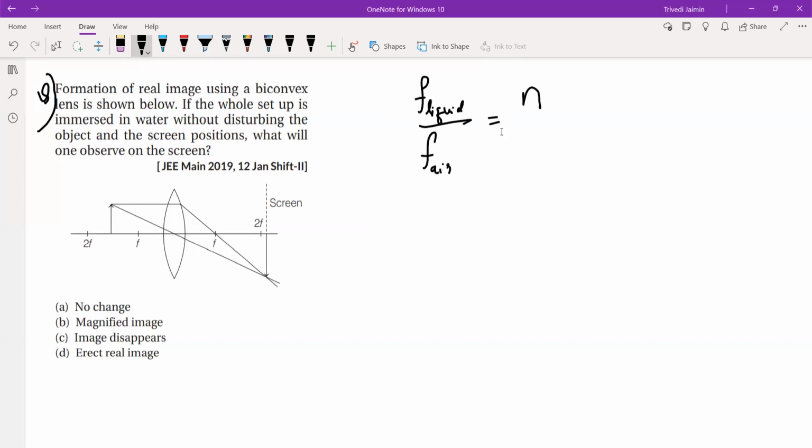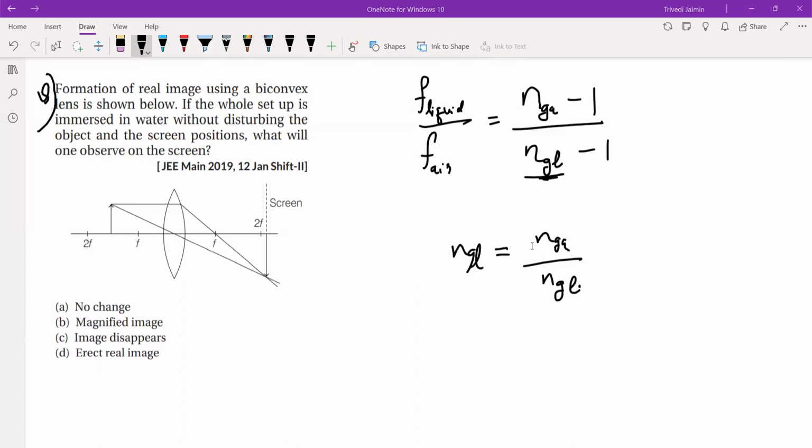refractive index minus 1 by liquid minus 1. So how to get this one? n_GL means n_GA by n_LA.